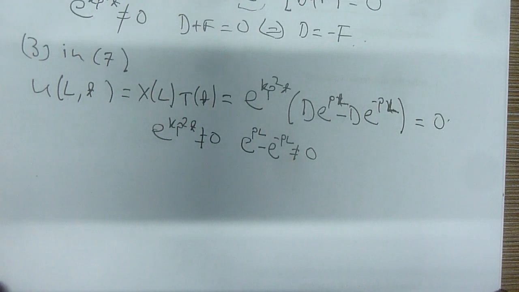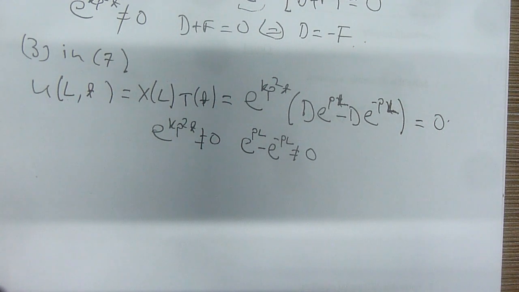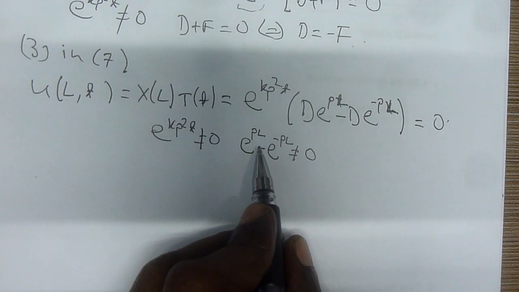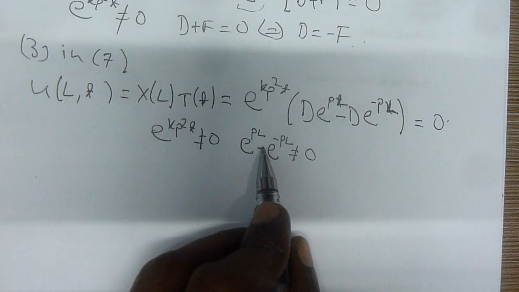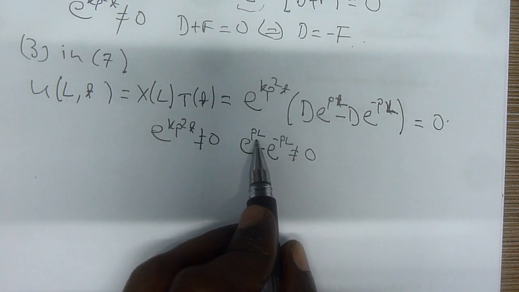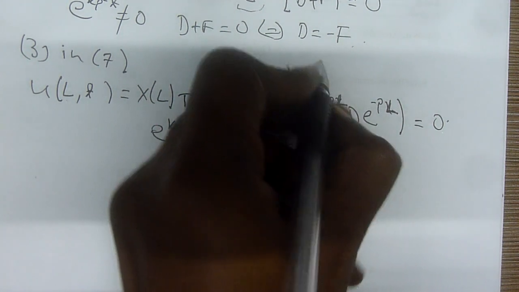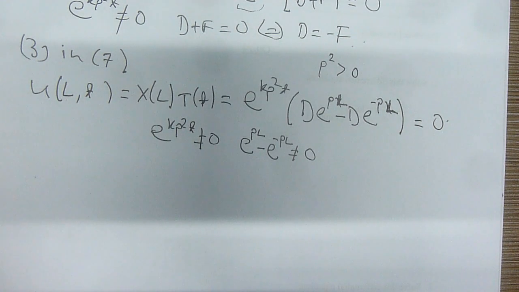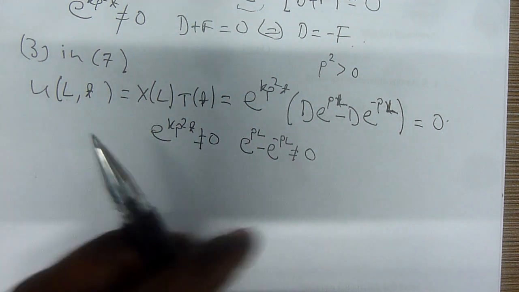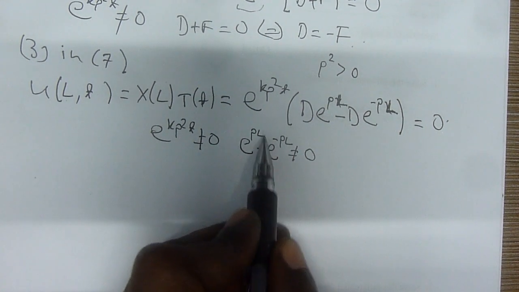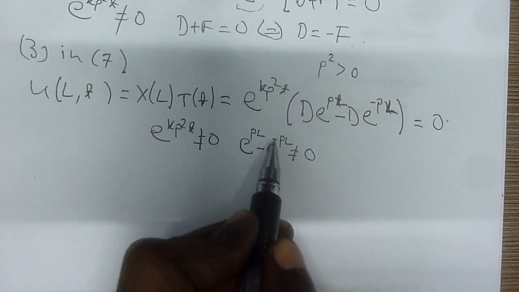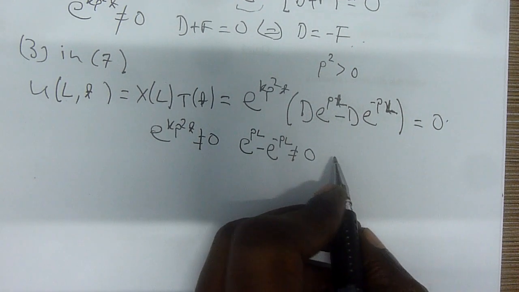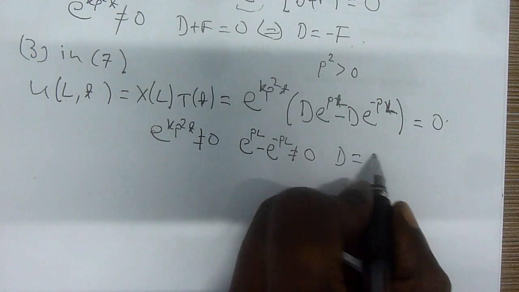I want you to think why. It's very simple to understand the whole process. We already said p is greater than 0. Therefore it cannot be 0 in any circumstances. Although you make it 0, e cannot be 0 in any case. Therefore d is 0.